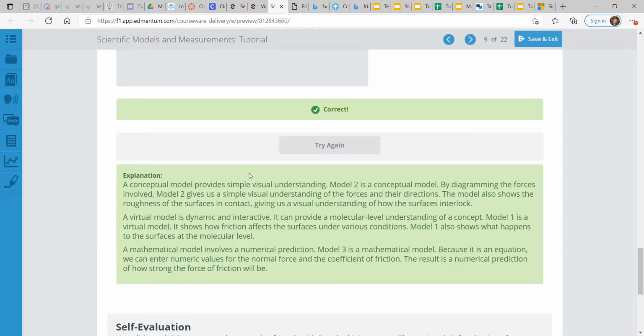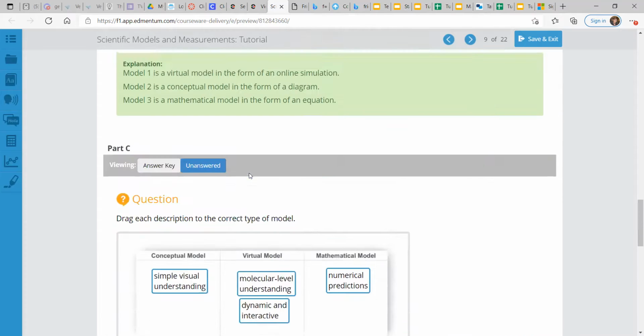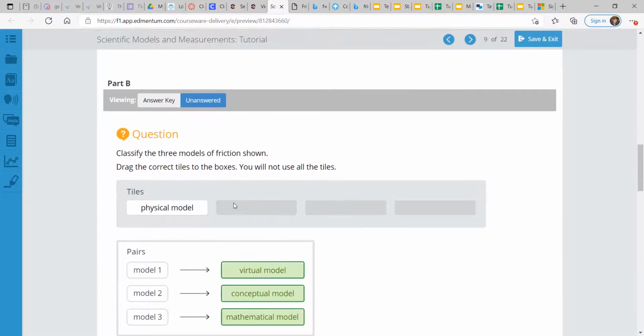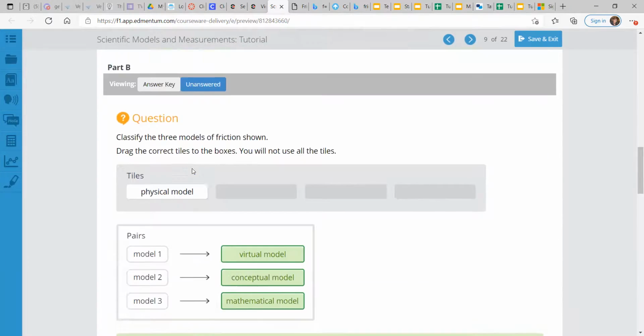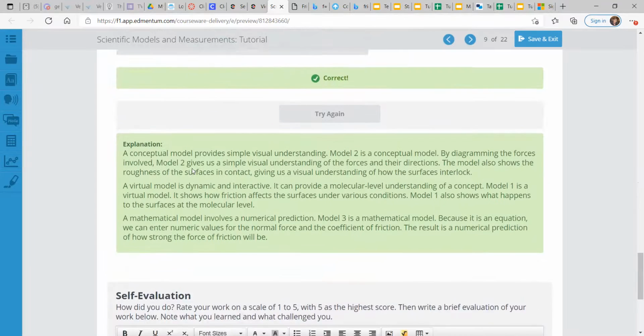A mathematical model involves a numerical prediction. Model 3 is a mathematical model. So if you look at it, it's something equals something else. So F, the force of friction, equals the coefficient times the normal force.